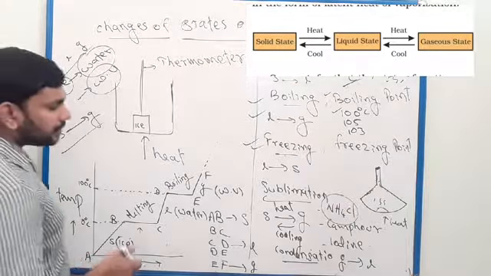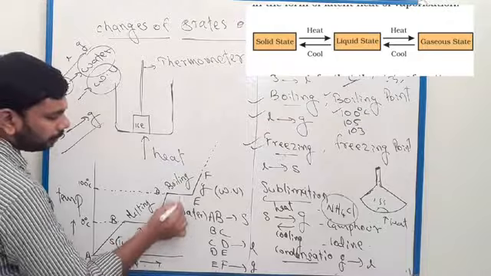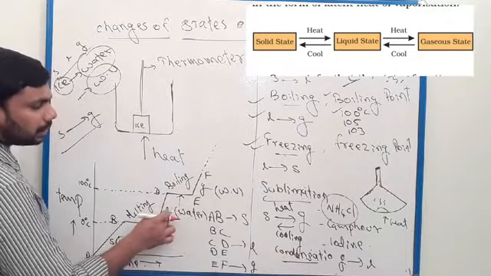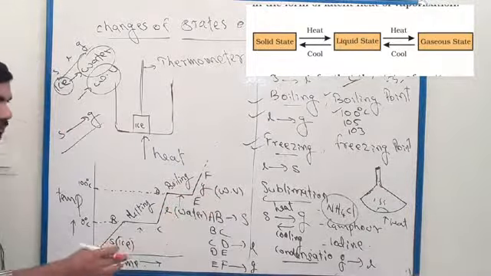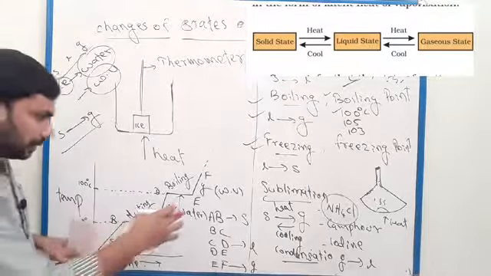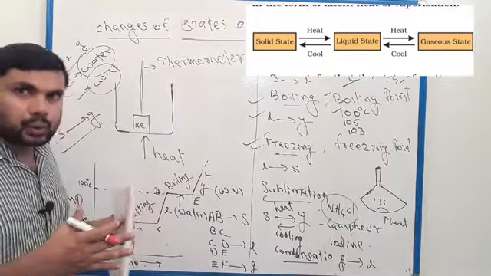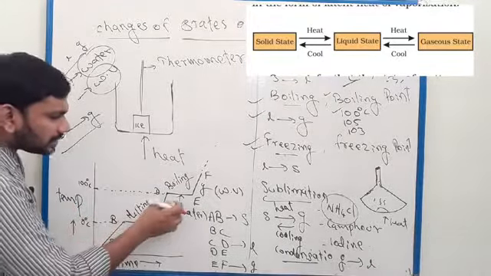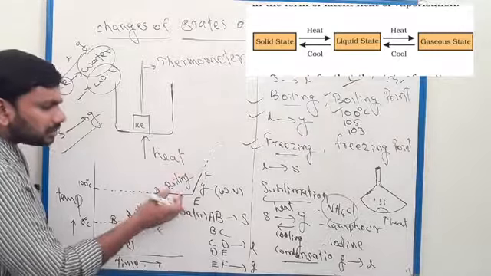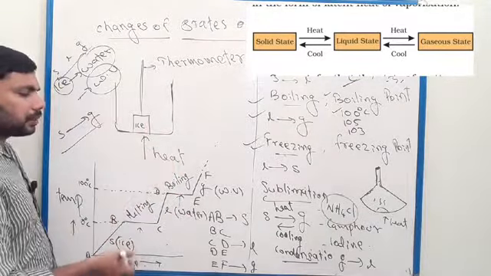Similarly here, compared to gaseous state, liquid state particles are close. In gaseous state particles are further apart but liquid state particles are close. So here still we are heating, but the temperature is not increasing on the thermometer.